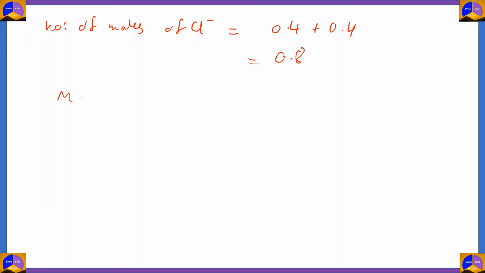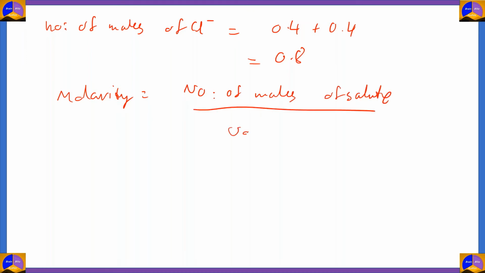So the number of moles of Cl- will be equal to 0.4 plus 0.4, which is 0.8. We're asked to find the molarity, and molarity is equal to the number of moles of solute divided by the volume of the solution in liters.